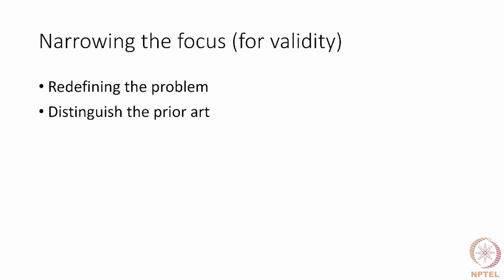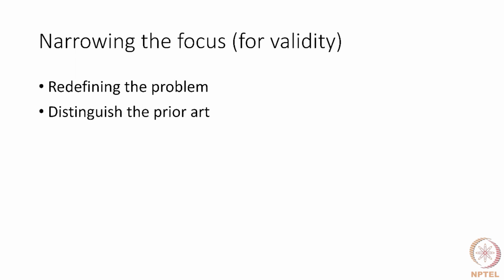At the same time, if you focus on narrowing down the problem solution statement, you would eventually end up with a very narrow claim. A very narrow claim will get granted for sure because it simply does not read into the prior art. But the flip side again is that because you have a claim that is too narrow, you will not be able to enforce it against others. The competitors will be able to work around it.